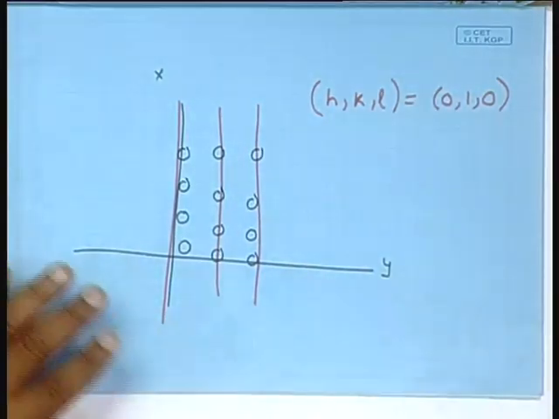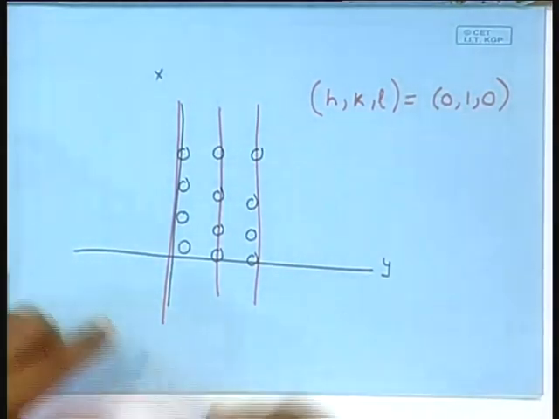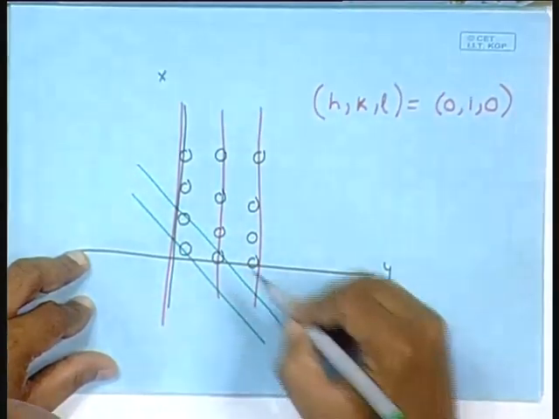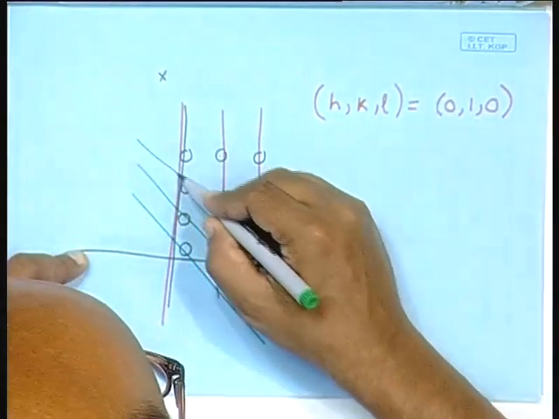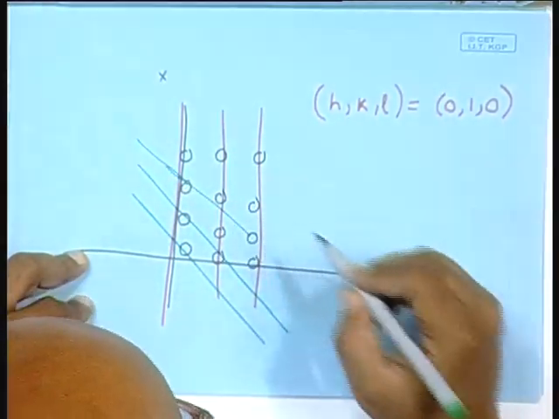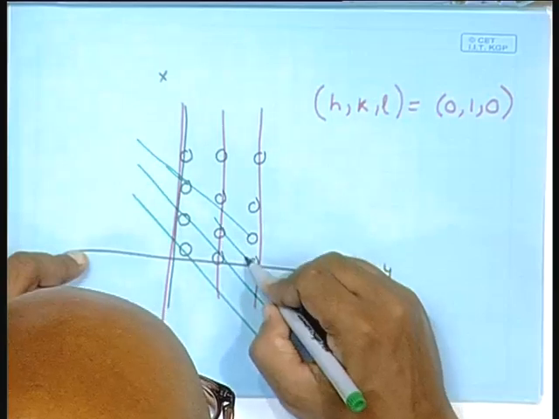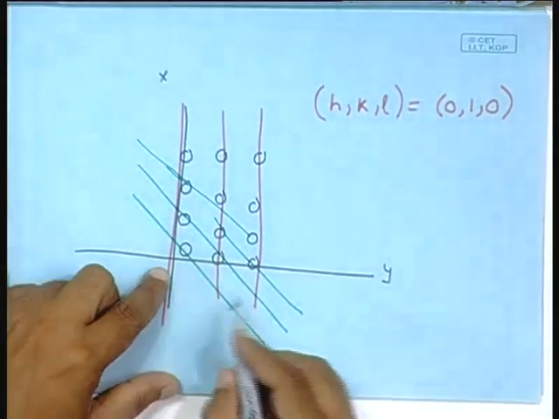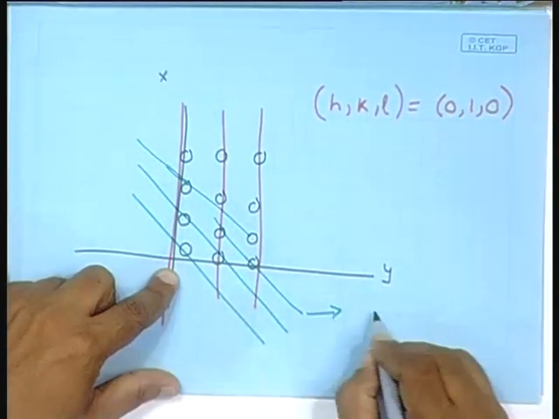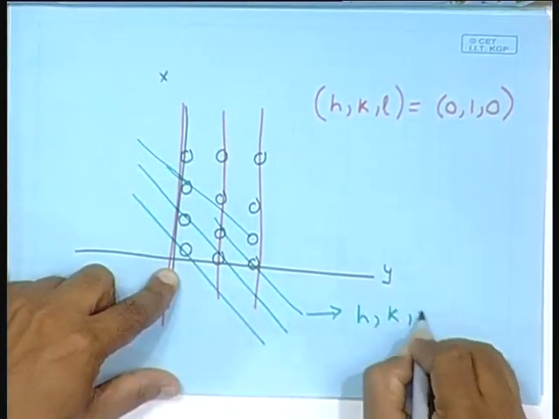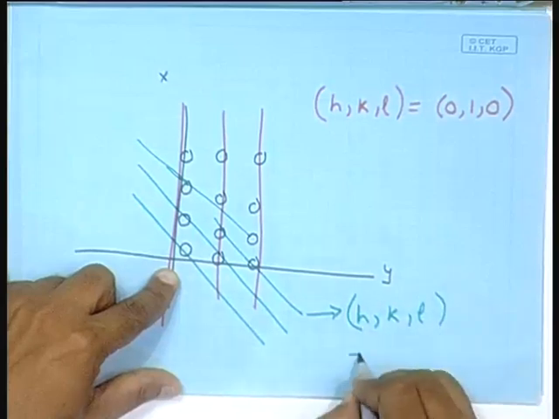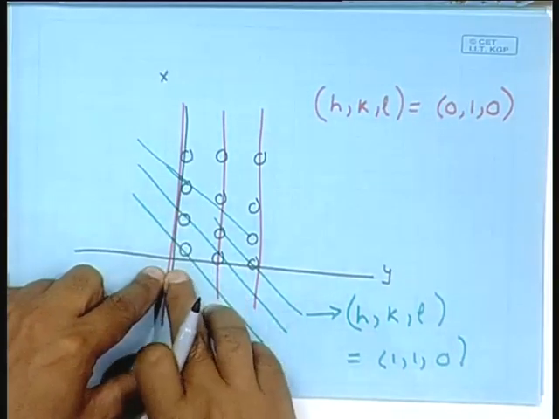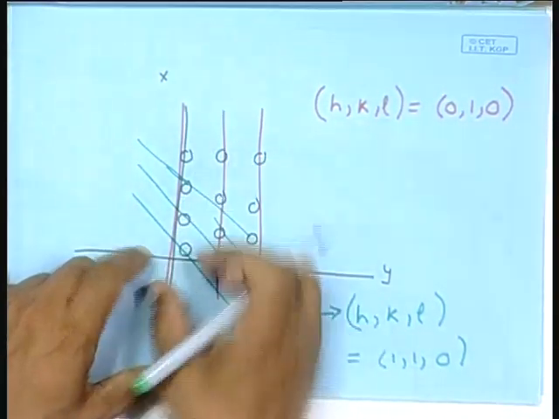Again, I could have another set of planes which are like this. And these, the green ones, have H, K, L values 1, 1 and 0, because they intersect both the x axis and the y axis, and this spacing is 1, this spacing is also 1.